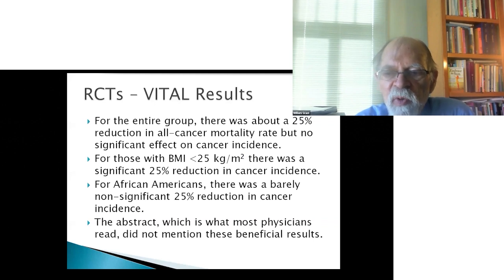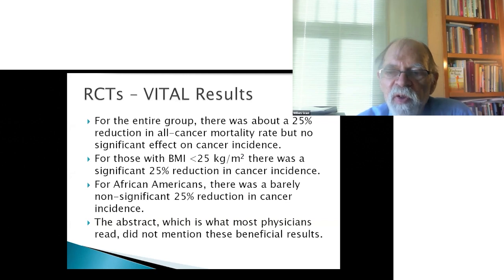Well, it turns out that vitamin D is more effective in reducing cancer mortality rate than it is in reducing cancer incidence. The simple way of thinking about that is that there are many factors that result in cancer. You have the effects of DNA damage by smoking, by alcohol, by pesticides, et cetera.